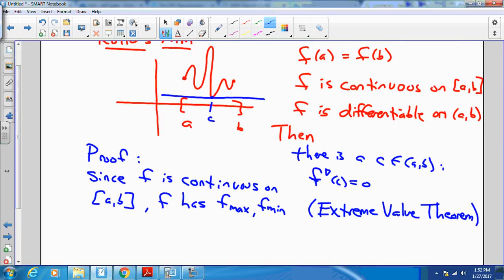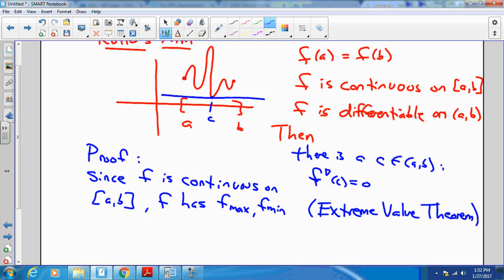Now, where are those maxes and mins located? You mentioned local max, but these are actually absolute maxes and mins. To be a local max, it has to be a max on the open interval A to B. So that's one possibility. Absolute extrema can occur at the interior, but they can also occur where? The endpoints.